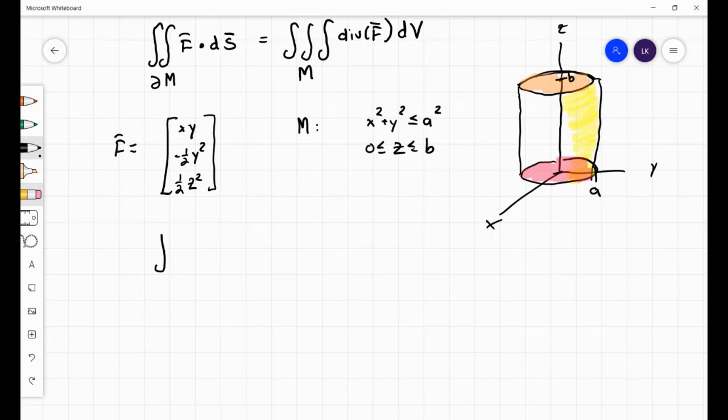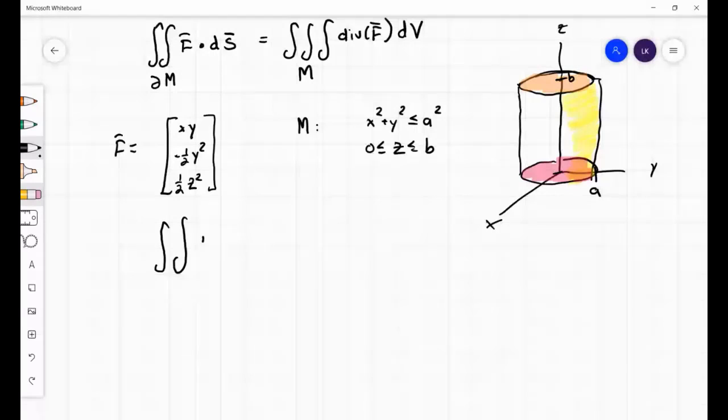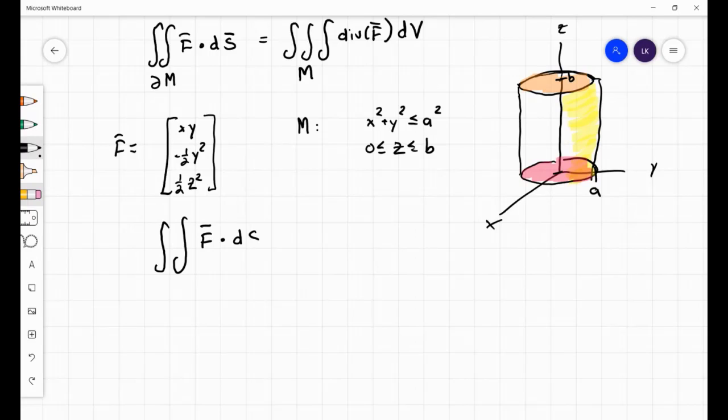And maybe you're interested in computing the flux of this vector field through that surface. That's our flux integral in terms of physics, through the cylinder. So we can integrate over the solid cylinder instead, and according to the divergence theorem, we integrate the divergence of our vector field instead.